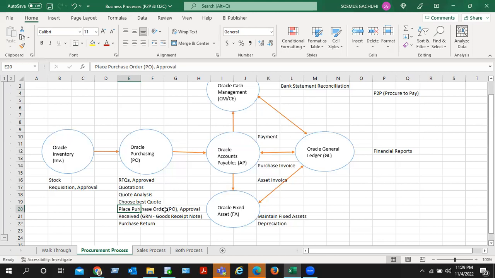The supplier, once they receive the PO or the purchase order, will send the goods to the organization. The goods will be received. Once they have been received, these goods will have information on how many there are, that is the quantity, their nature, the amount, and all this information will be shared with Oracle Accounts Payables, if, for example, there's no case of purchase returns.